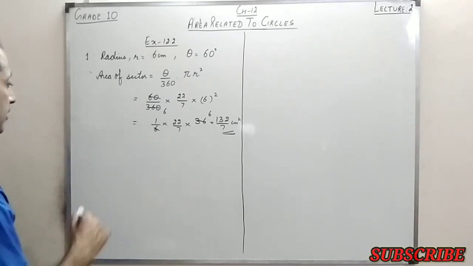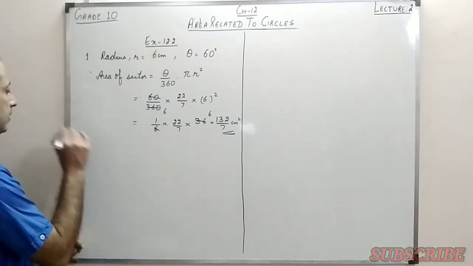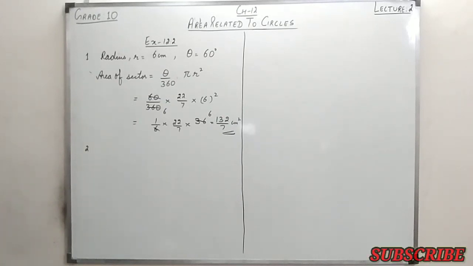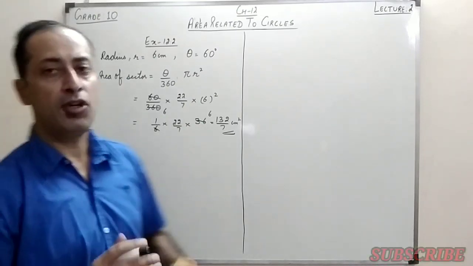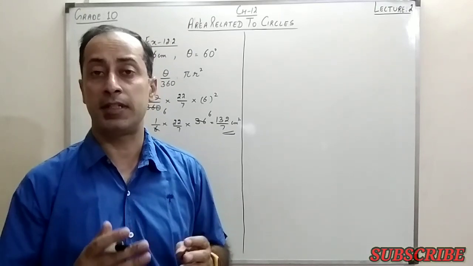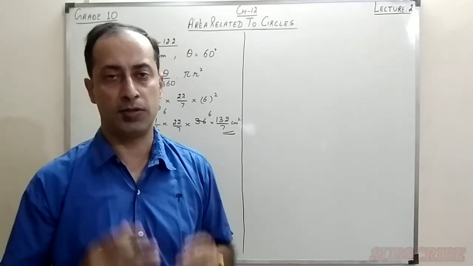Now let's go to the second question. It's given: find the area of a quadrant of a circle whose circumference is 22 centimeter. This is not a direct question in which the radius is given. The circumference is given to us, so the first step would be to find the radius of the circle.